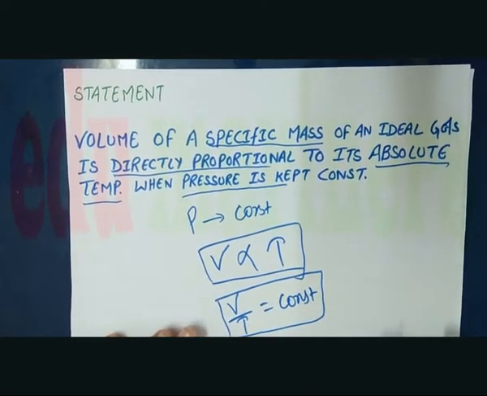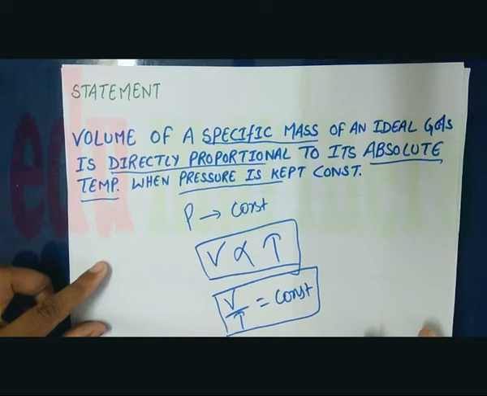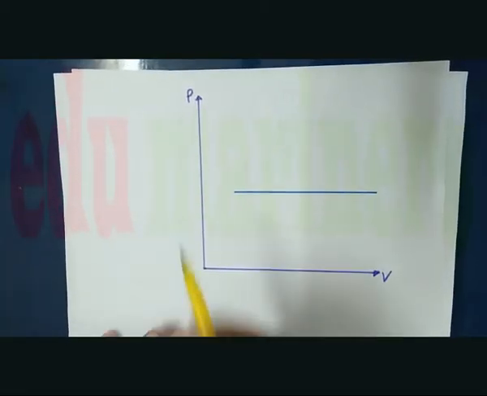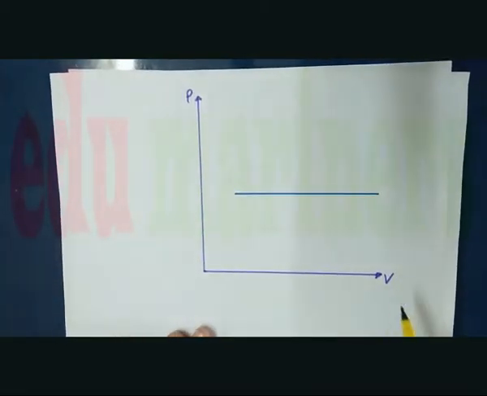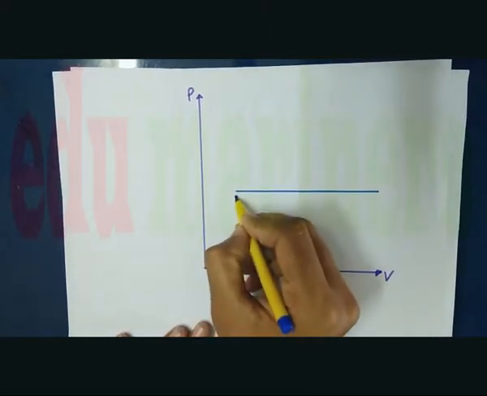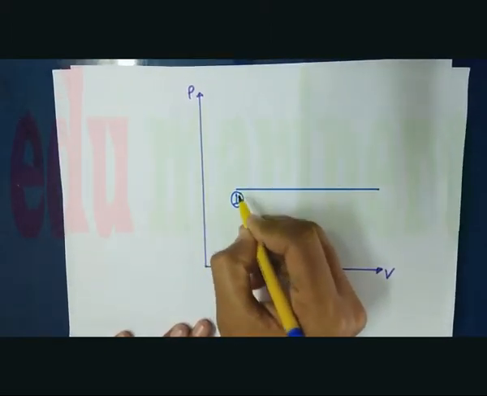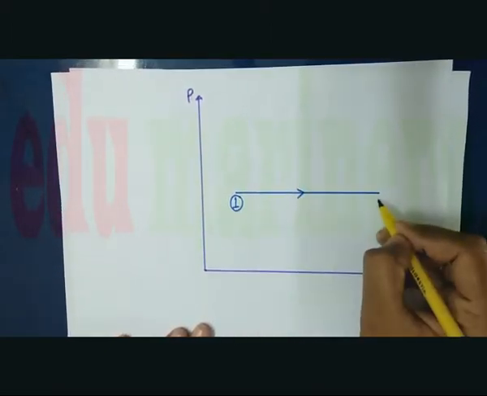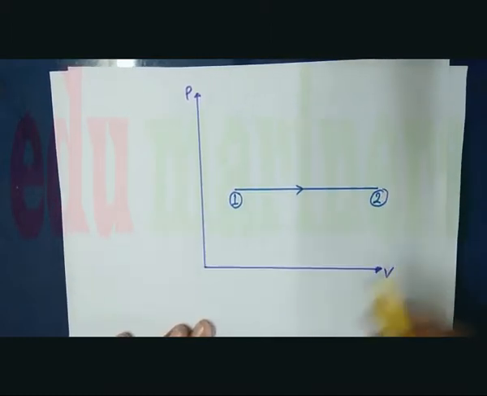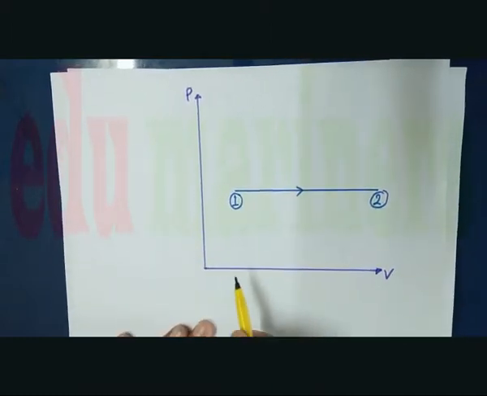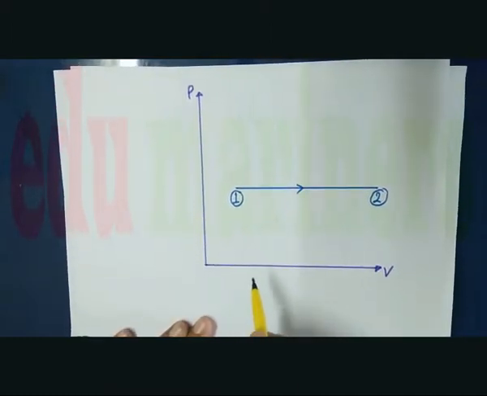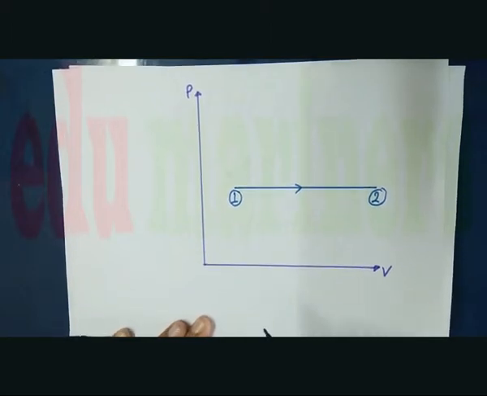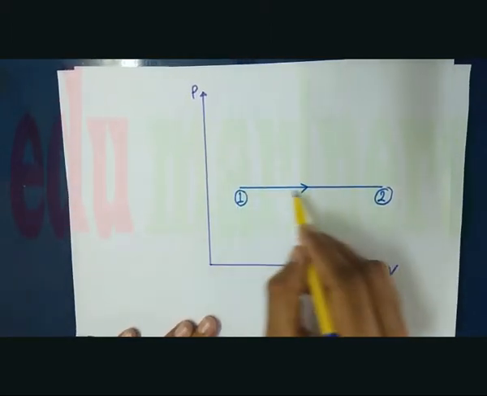Right. Now how will we represent this on a graph? Let's see. Here again it is a P versus V graph, and our process starts from point 1 and moves to point 2. Here the volume is directly proportional to temperature, and the pressure is kept constant. Volume increases, but the pressure is kept constant.